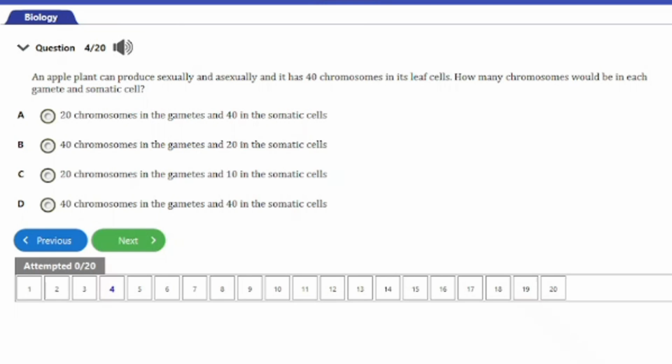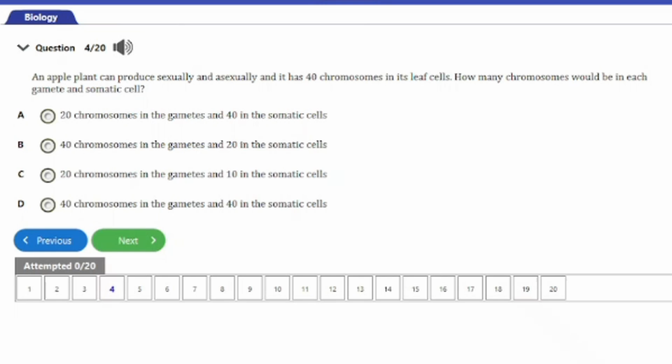So guys, the correct answer to this question here is option A, and that's 20 chromosomes in the gametes and 40 in the somatic cells. This is because the gametes will actually contain half the number of chromosomes in the somatic cell, and the somatic cells are going to contain the full number of chromosomes here.